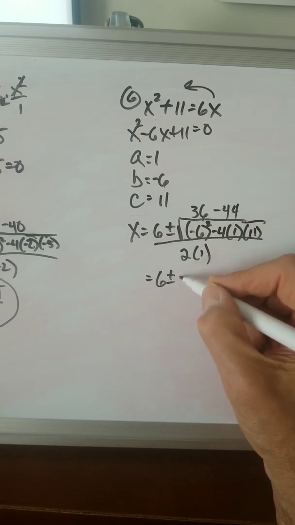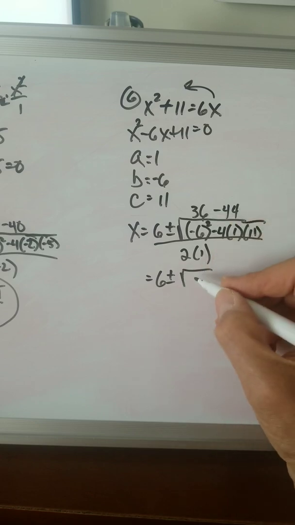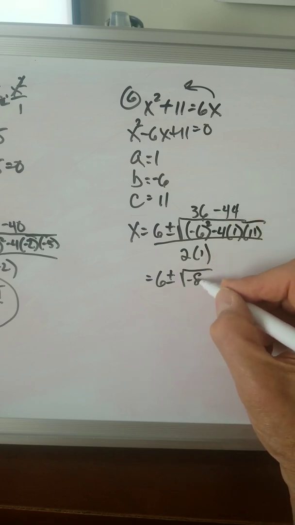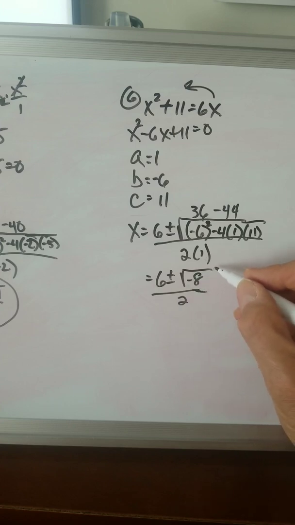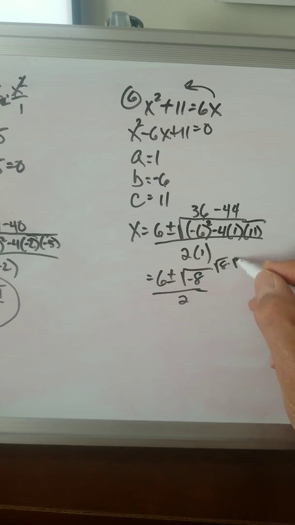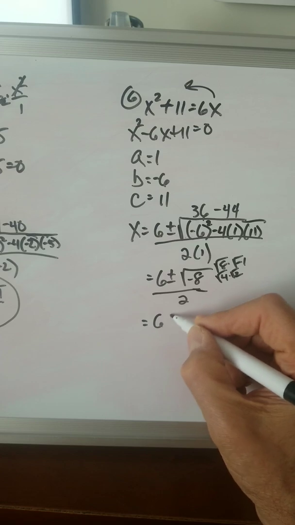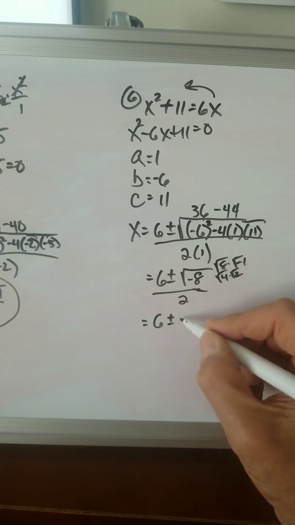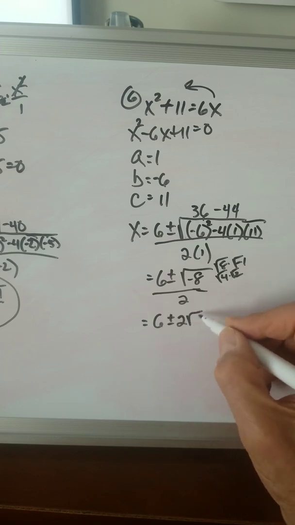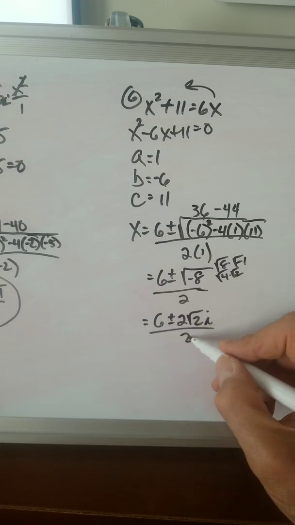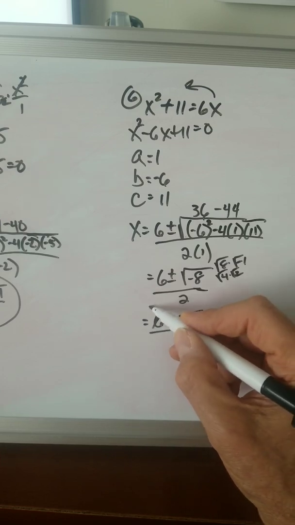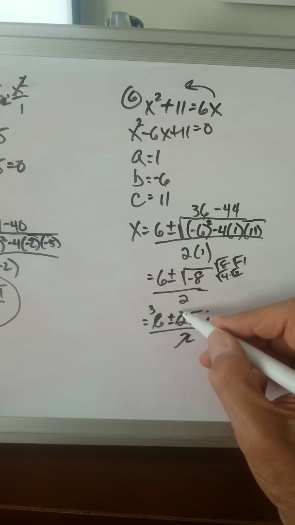6 plus or minus the square root of, and that is negative 8, over 2. And the square root of negative 8 is really the square root of 8 times negative 1, which is really the square root of 4 times 2. So you really get 6 plus or minus, square root of 4 is 2, root 2, and we have an i, all over 2, and then divide 2 into both of them, 3 and 1.